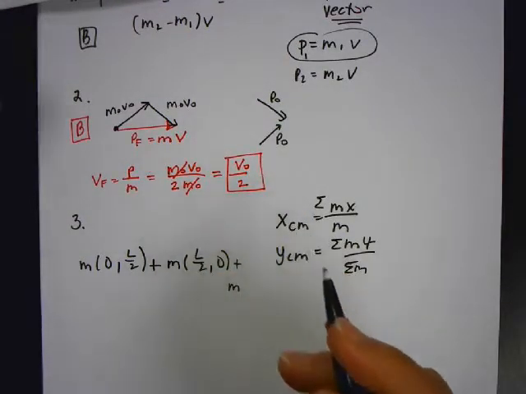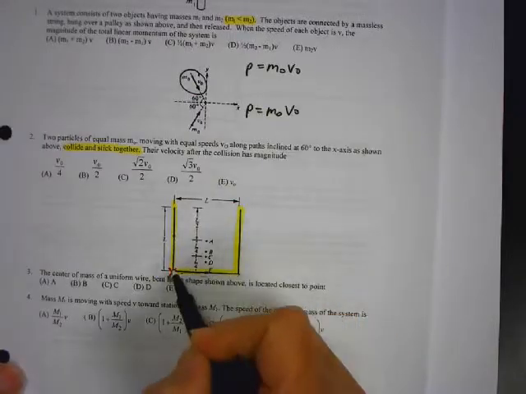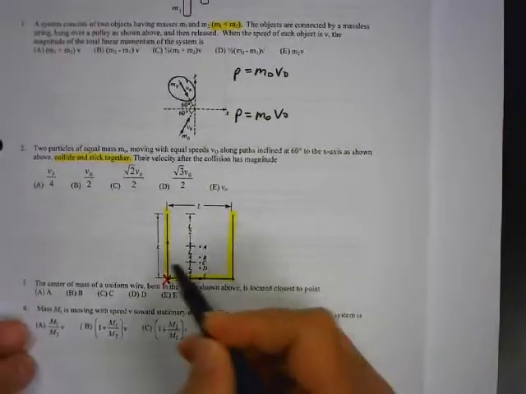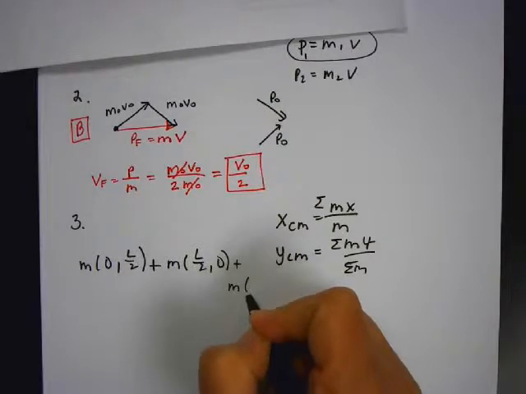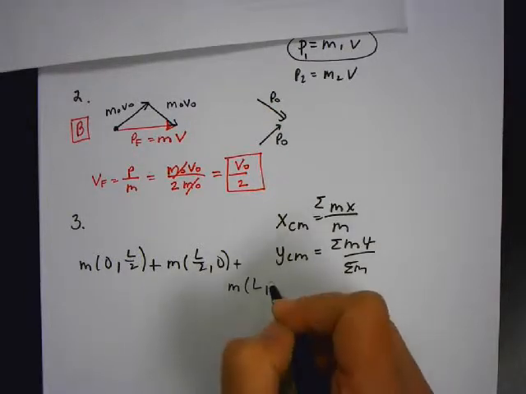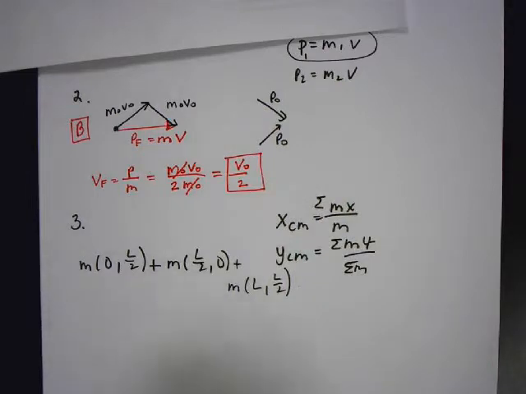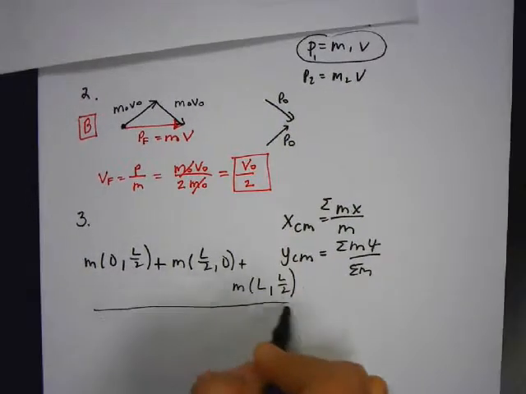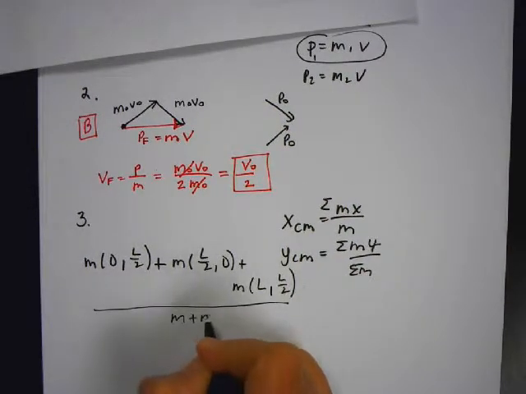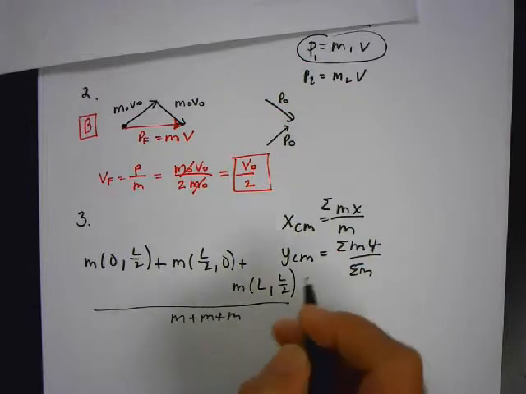The x component, the distance from here to here, is going to be the whole L. And then the y component is going to be L over 2. And if you want, you can do the x's and then the y's and add it all together. And then the bottom of this is going to be m plus m plus m, which is 3m.